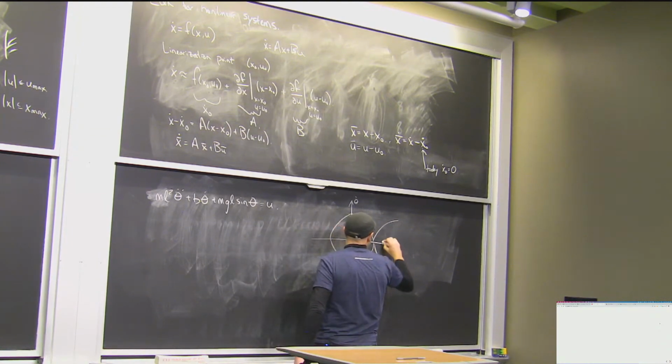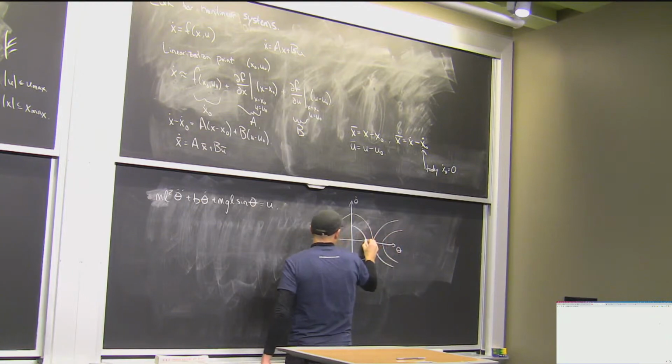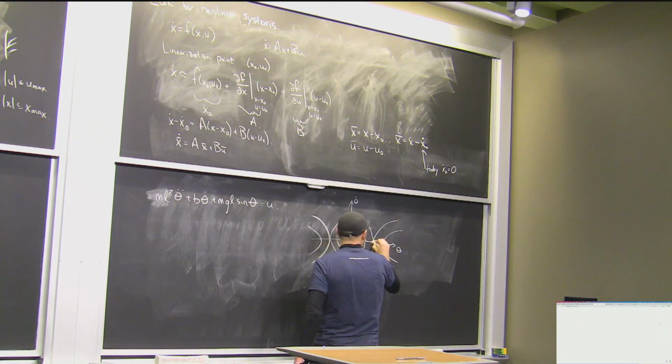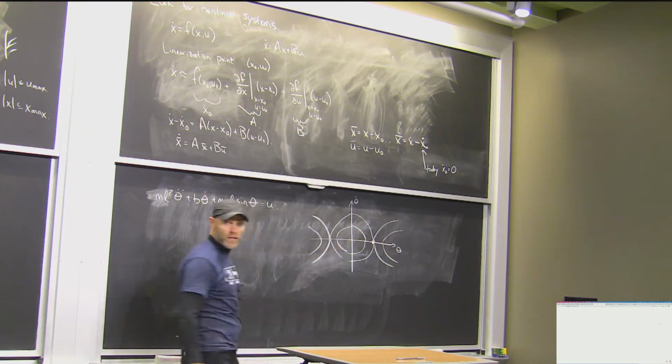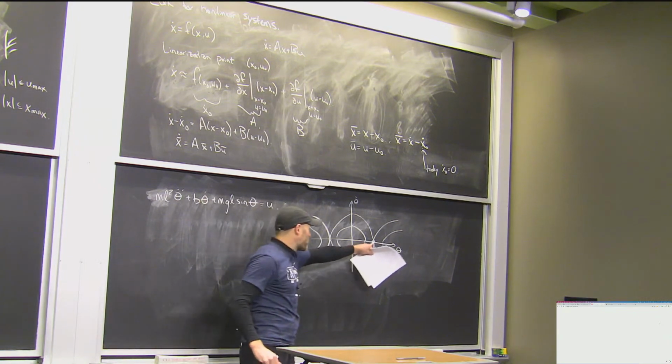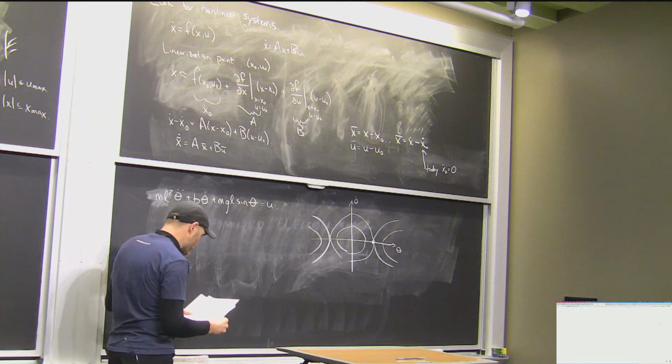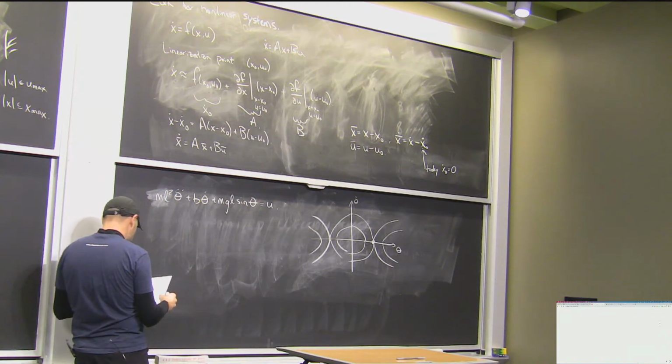This was the phase portrait of the nonlinear equations. And now I want to linearize those equations around some point. I'm going to pick the upward configuration of the pendulum. So I'll linearize around that point, okay?